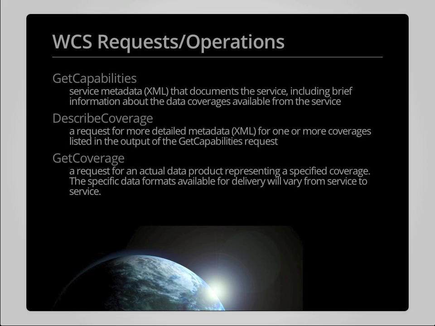And finally, there is the Get Coverage request, which is a request for the actual data values themselves, where that request includes information about the spatiotemporal parameters that define the area of interest and potentially time of interest for the coverage to be returned. It is also through the Get Coverage request that you can specify returned file formats and other characteristics of the returned data.